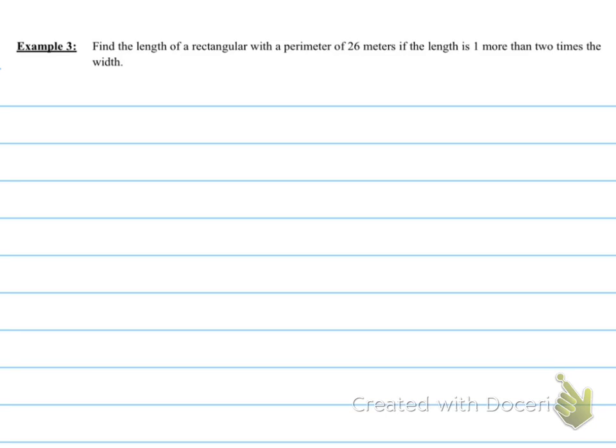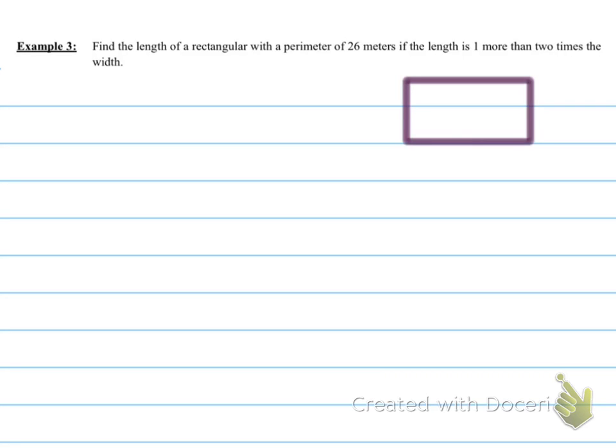Okay, you guys try this one. When you do this, draw a picture and label it so that you correctly write an equation for the perimeter of this rectangle. Because our equations aren't always just going to be the two variables added together.